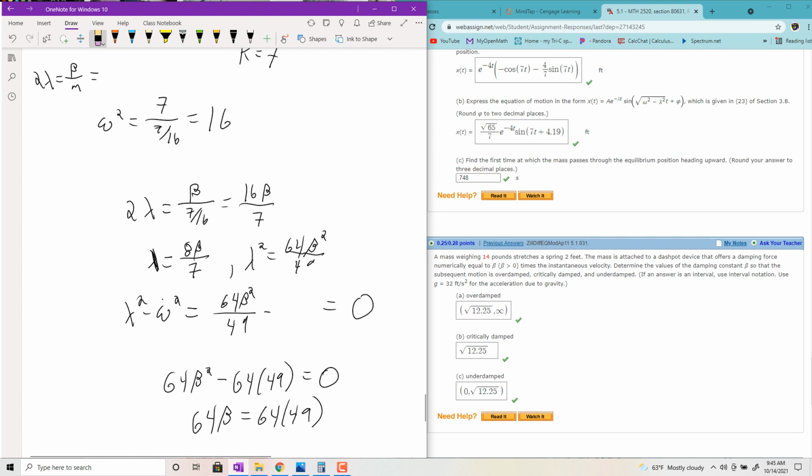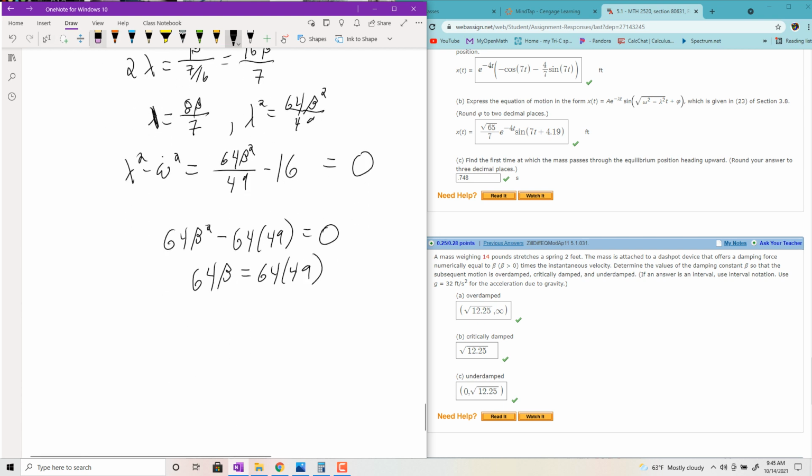And then I'm going to multiply through by 49. And this will be 16, 16, 16. So beta squared will be 16 times 49 all over 64.